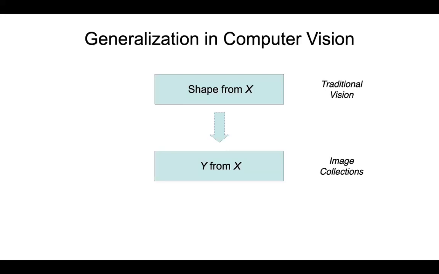And if you think about this, and in hindsight analyzing this historically, this actually is a generalization in computer vision, because in computer vision we have this problem that's called shape from X, right? And then if you generalize this, we have something that is not just shape, it's anything from anything, Y from X. And this is a generalization of the problem in traditional computer vision, right?